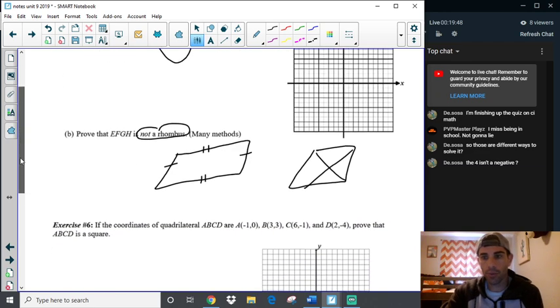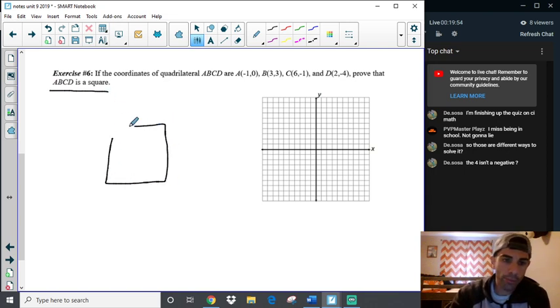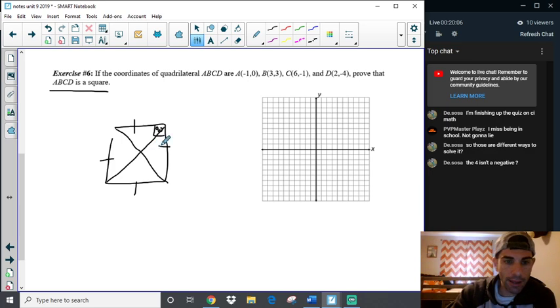And then the last one here, prove that ABCD is a square. Every single rule applies here. All sides would be congruent. Show me that you have a 90 here. Okay, you can show me with the diagonals that they are congruent, they're all going to be the same, and that you have a bisector.